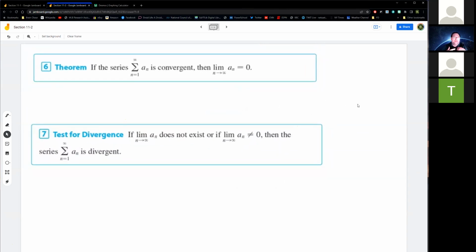All right. If the series is convergent, then the limit of a_n equals 0. So if my series is convergent, then my limit of a_n equals 0.